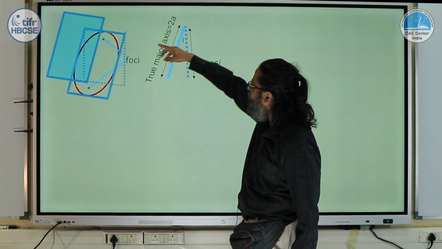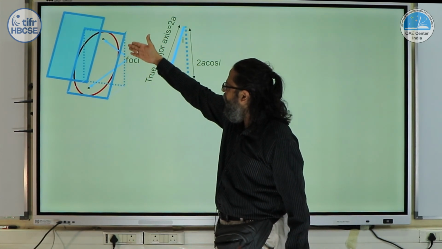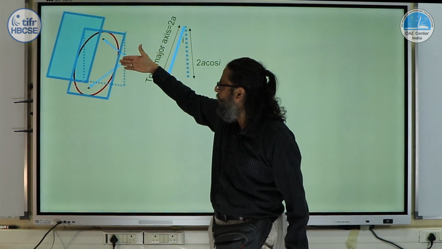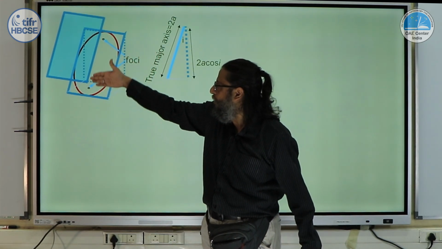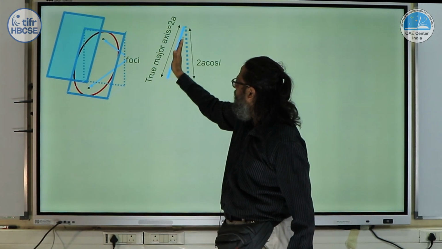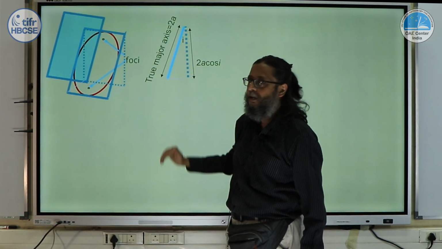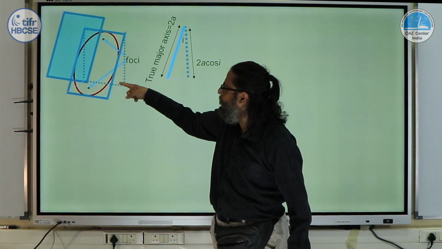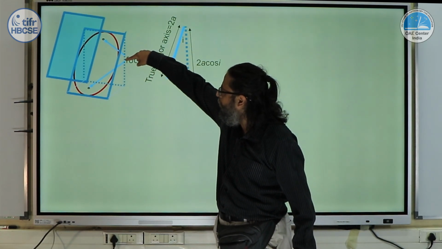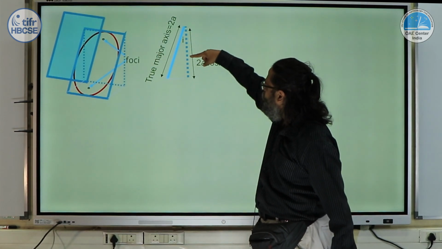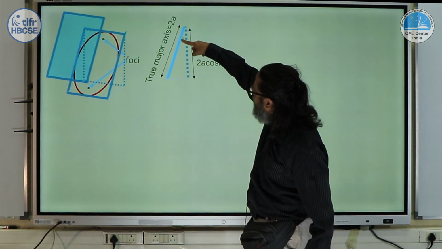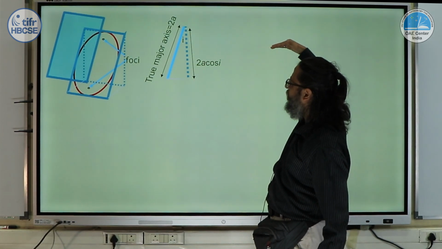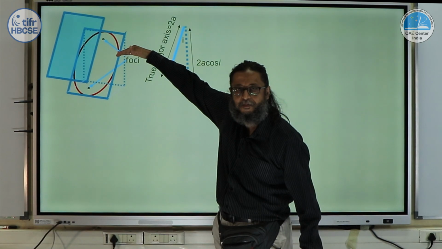And the actual plane, if you observe it along the plane that is parallel to this ellipse, is how it actually is. But the observer sees this particular plane because the observer is perpendicular to this particular rectangle, either from this direction or this direction.